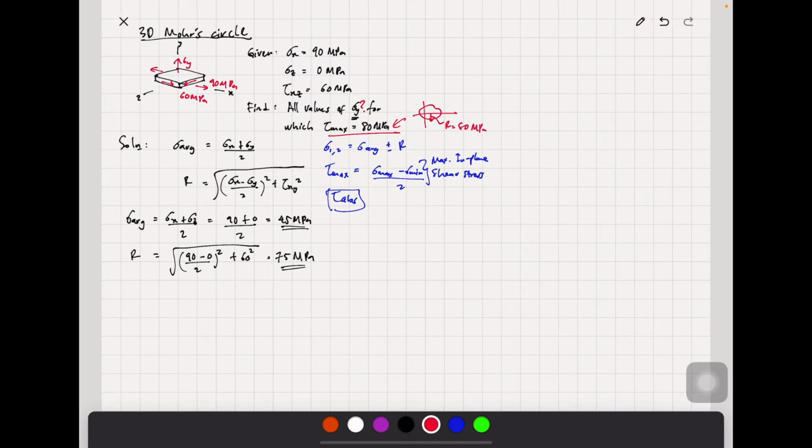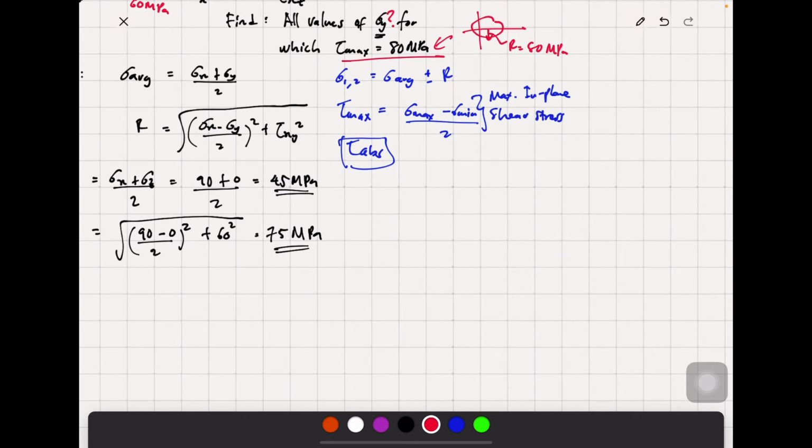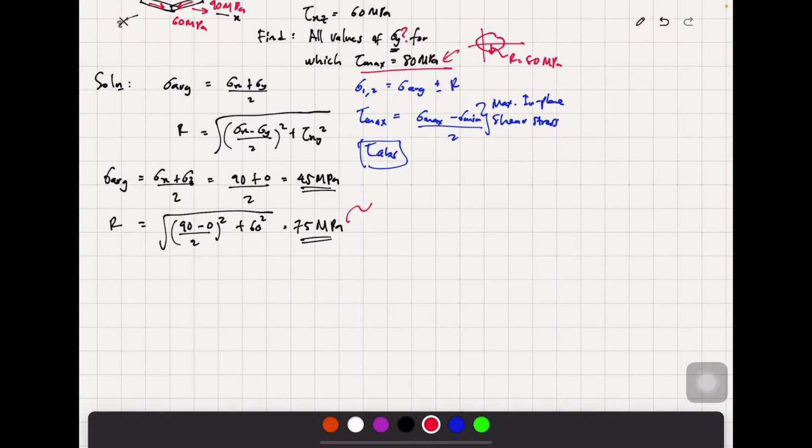I'm going to prepare some space for the Mohr circle, but I'm going to jot down a few notes over here, right? So you have your R equal to 75 megapascal, right? Tau max, this is the tau max on X, but what we wanted is tau max to match this condition of 80 megapascal.